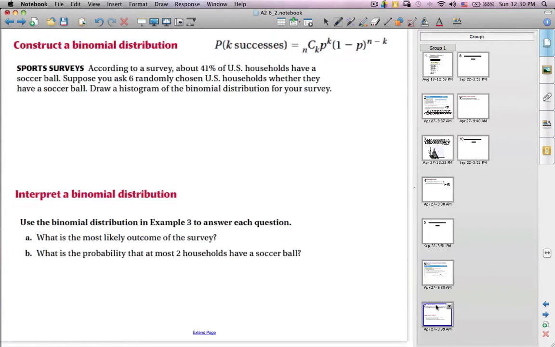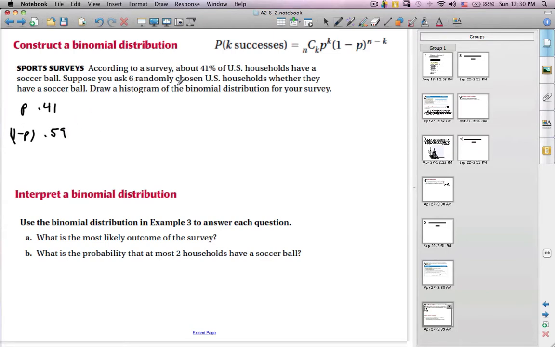So let's take a look at what we have. In this case, 41% of US households have a soccer ball. So that means the probability of somebody having a soccer ball is 0.41. That's 41%. And that means that the probability of them not having a soccer ball is 0.59.